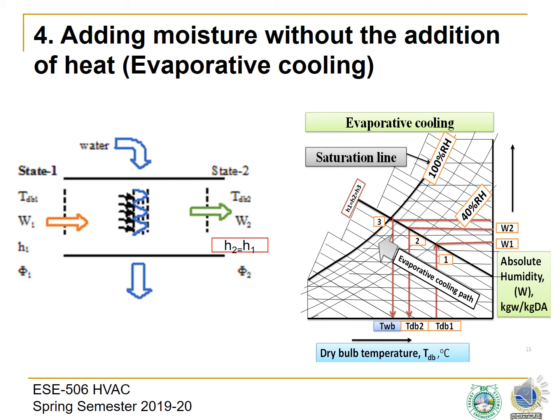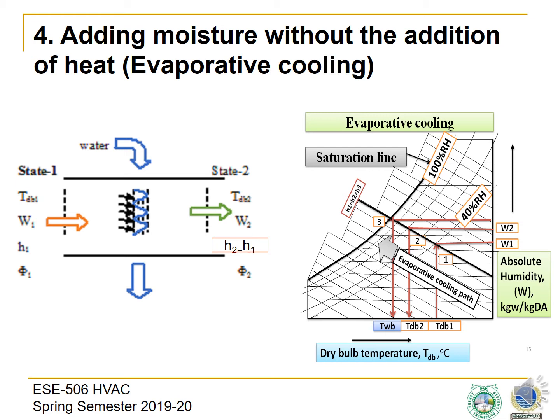On the left-hand side we can see the figure at state number 1 and at state number 2. At state number 1, dry bulb temperature 1, humidity ratio 1, enthalpy 1, and relative humidity 1. And at state number 2, dry bulb temperature 2, humidity ratio 2, H2, and relative humidity 2.